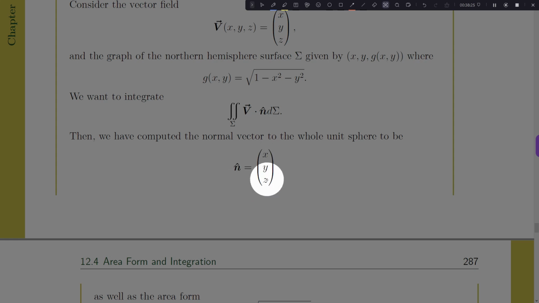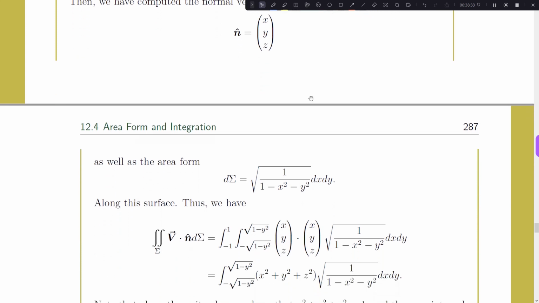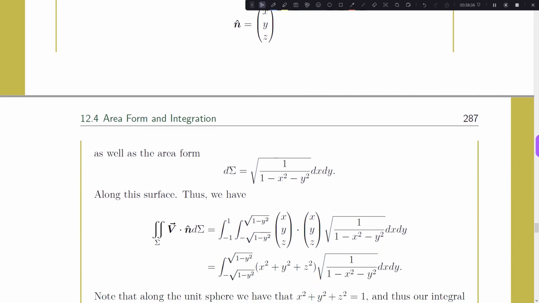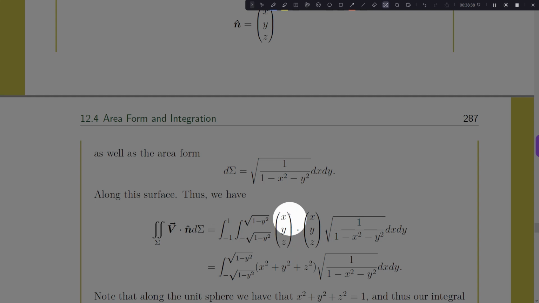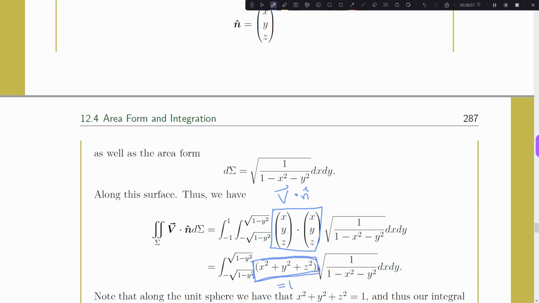The book makes your life easy because it keeps the normal vector to the unit sphere just as x, y, z, and we're going to see why this makes it easy. If we jump down to the flux integral, there's v, and there's n, and if we take the dot product of v and n, we end up with the following. Because we're on the sphere, v dot n is equal to 1.